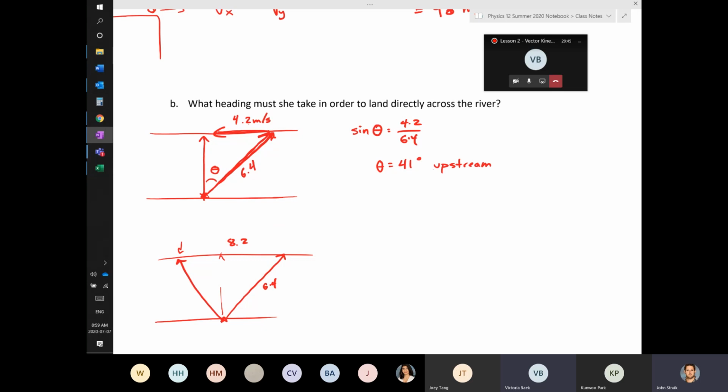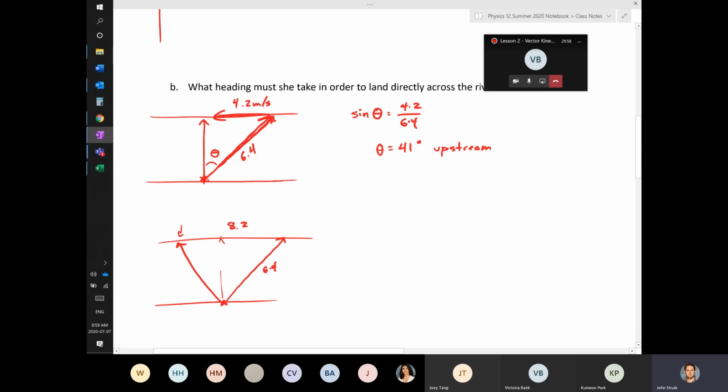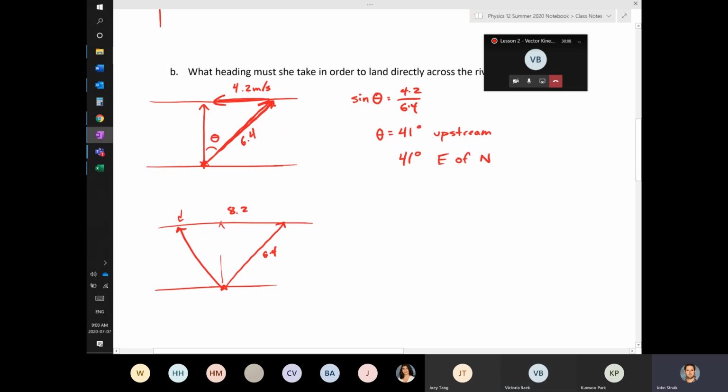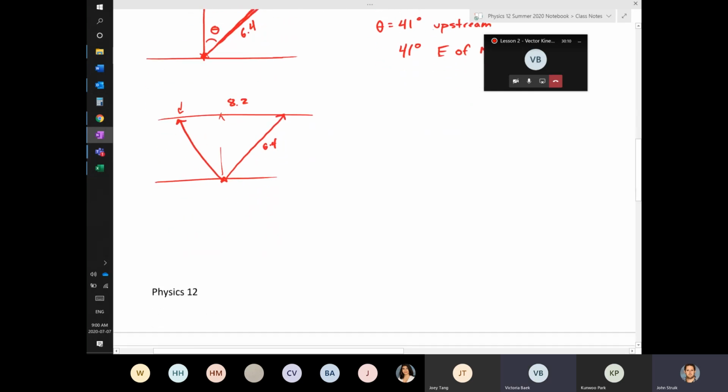But if you were to write just 41 degrees with a picture like this, I would still mark it right, as long as you had that diagram. But if you were to do 41 degrees with cardinal directions, then it would be 41 east of north. That's probably the best answer.